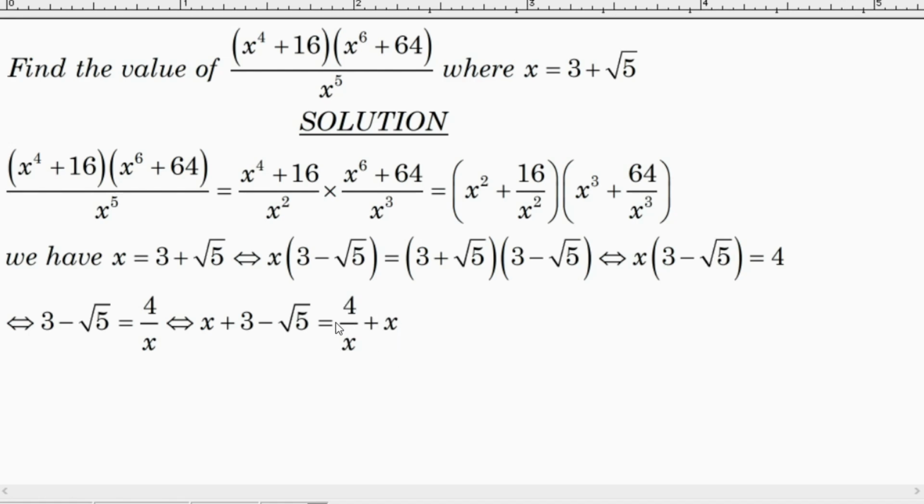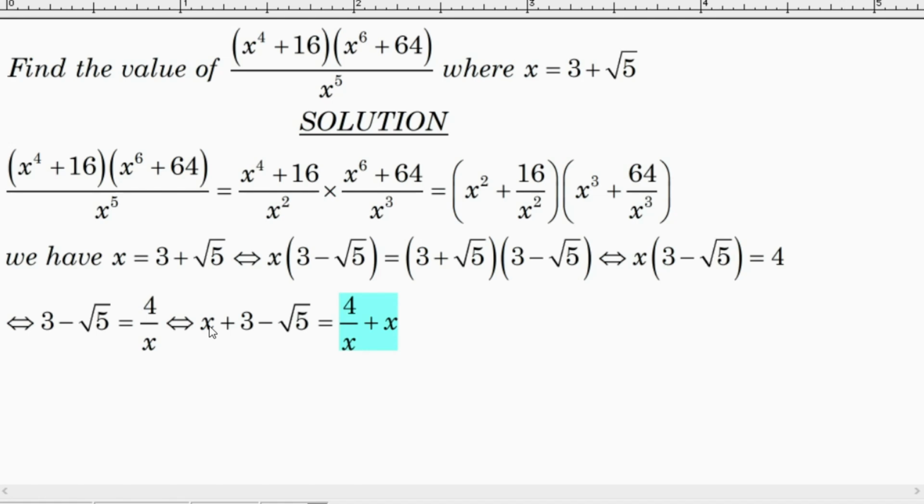Why do I want to find 4 divided by x plus x? Because I want to find the value of x squared plus 16 divided by x squared, so I have to square both sides of this equation. Then we can find the answer for x squared plus 16 divided by x squared, and also the value of x cubed plus 64 divided by x cubed.